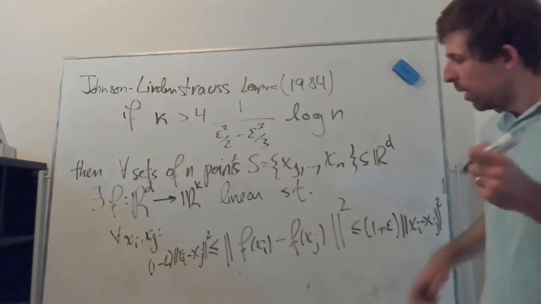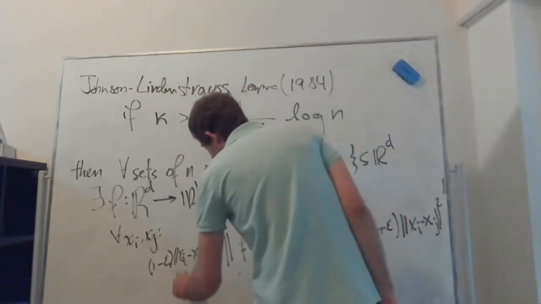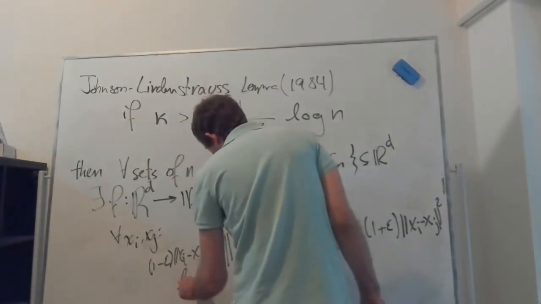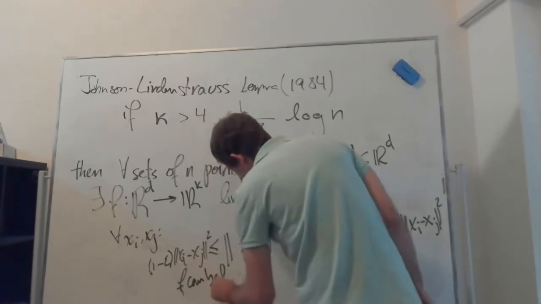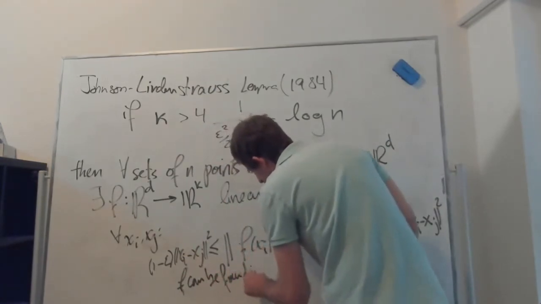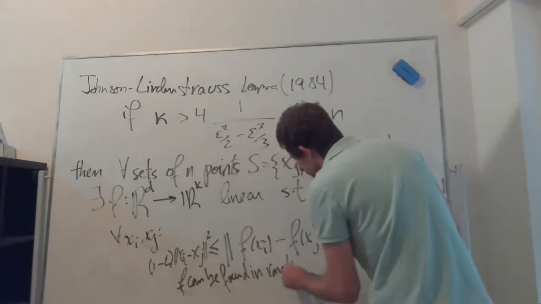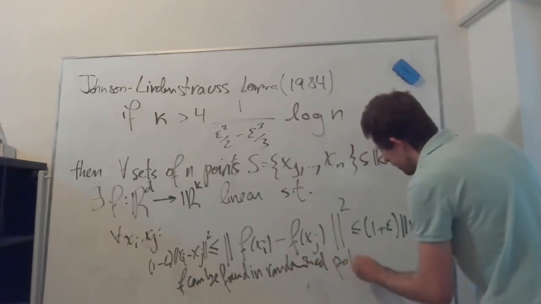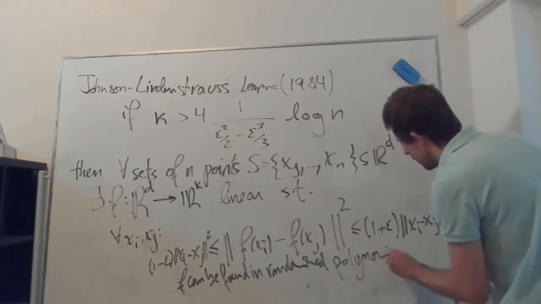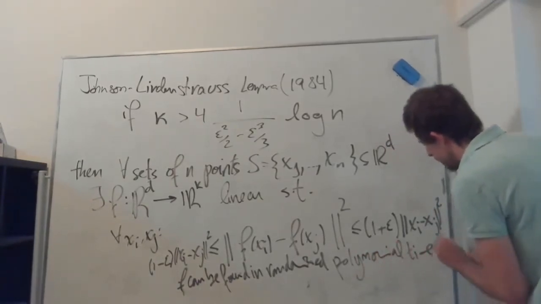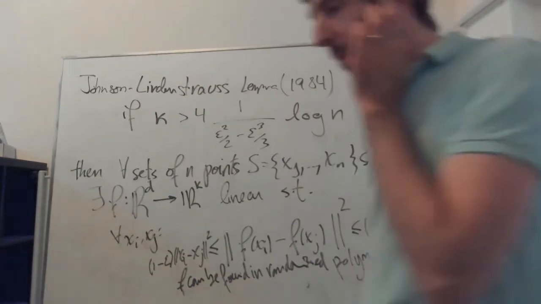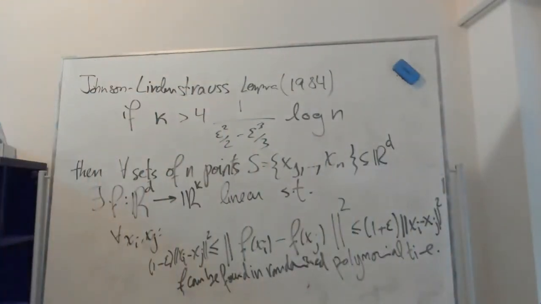Moreover, F can be found in randomized polynomial time. So this is not yet a statement about what happens when I take F random.